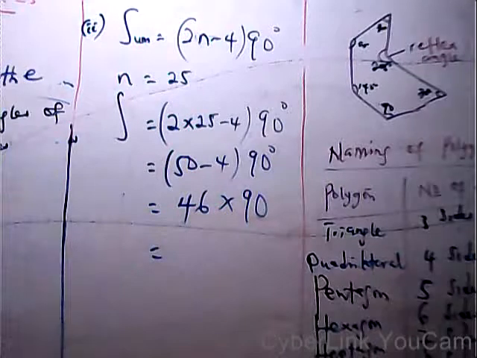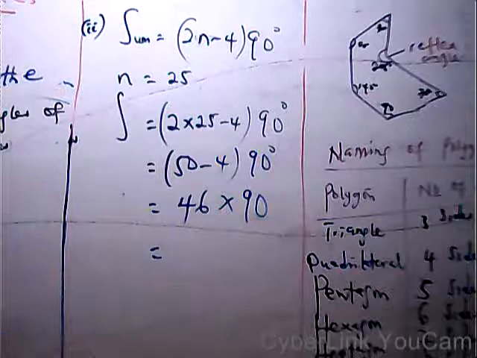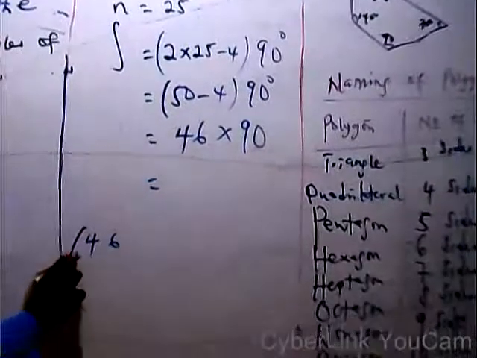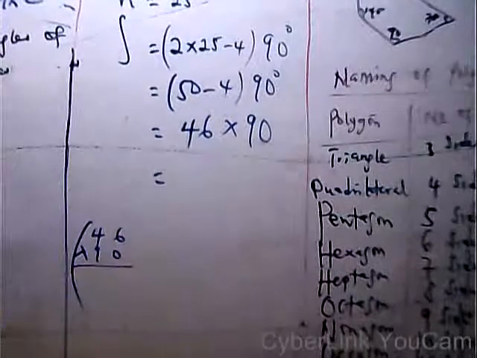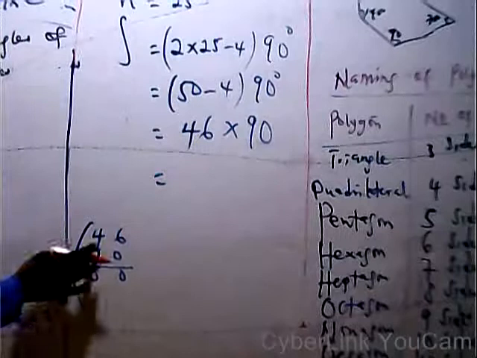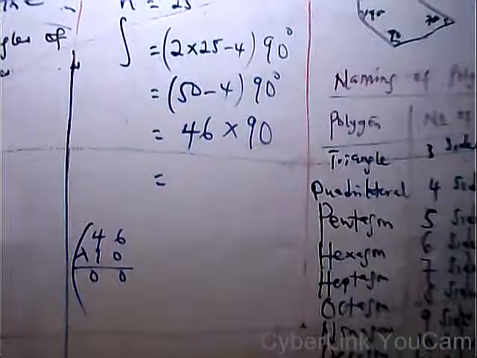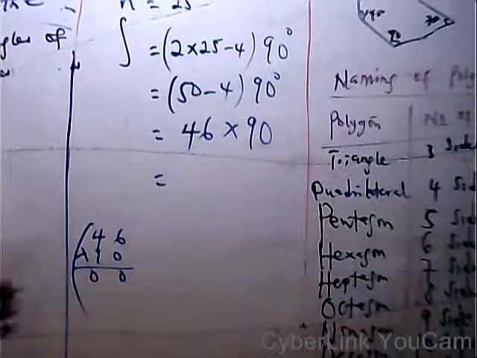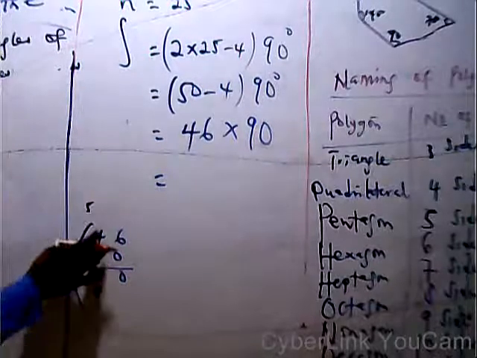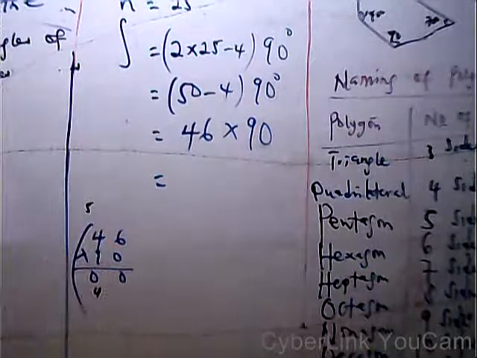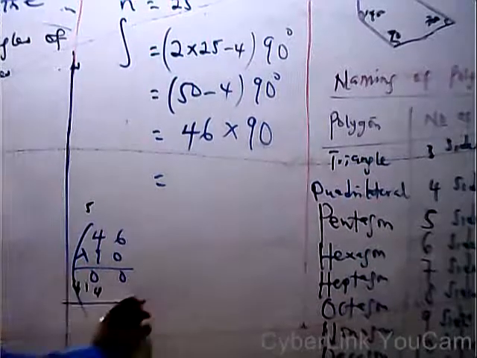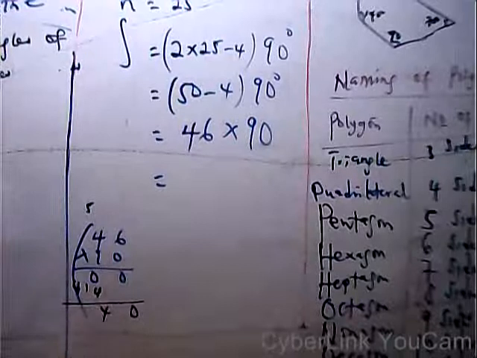Let's quickly do some calculation here. 46 multiplied by 90. 0 times 6 is 0. 0 times 4 is 0. 9 times 6 is 54, so you write 4, remainder 5. 9 times 4 is 36. 36 plus 5 is 41.